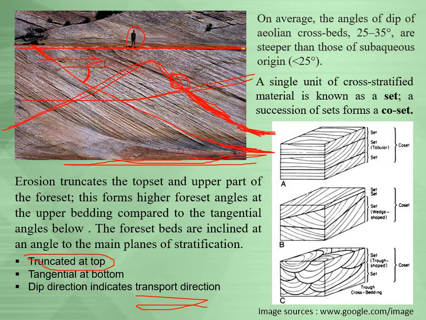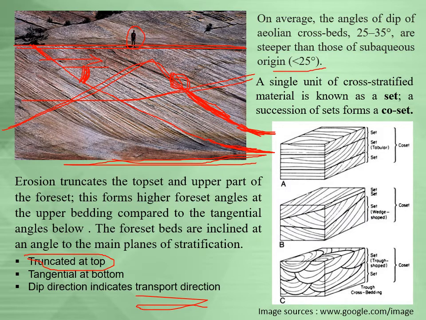Now from the angle of inclination, we can predict the environment in which these cross laminations were formed. Generally, for aqueous flow, that means ripples or dunes formed in a watery environment, this angle is generally below 25 degrees.